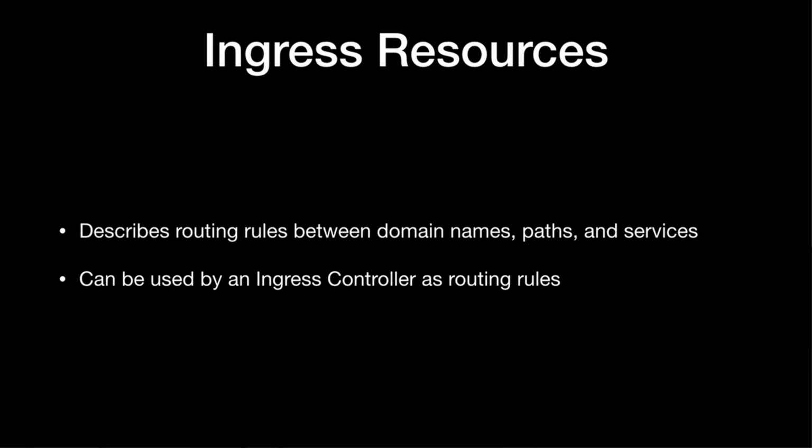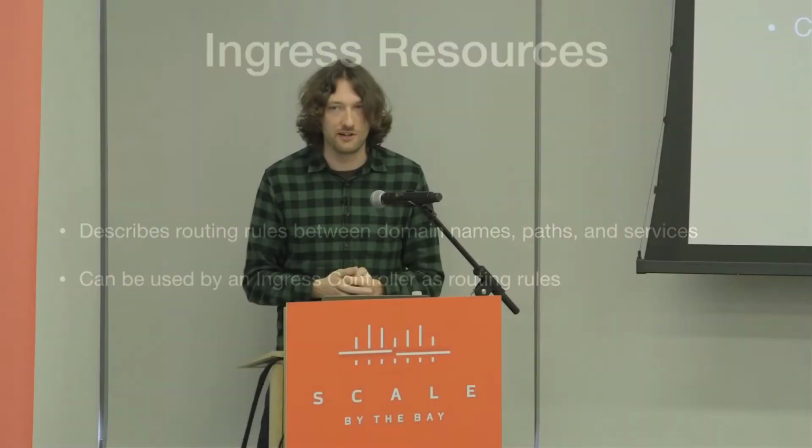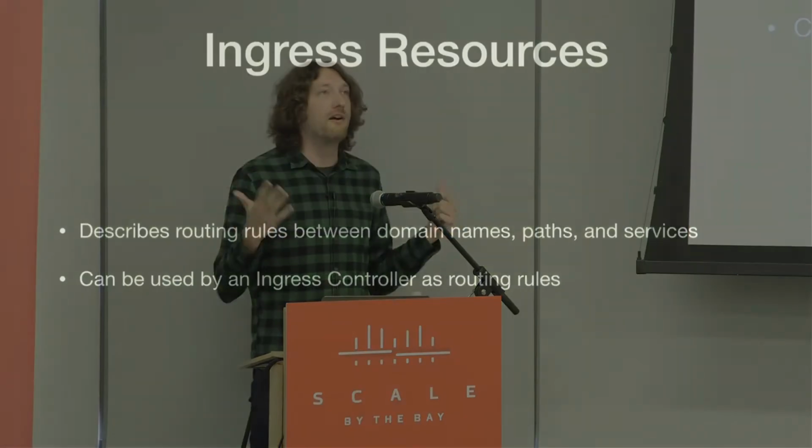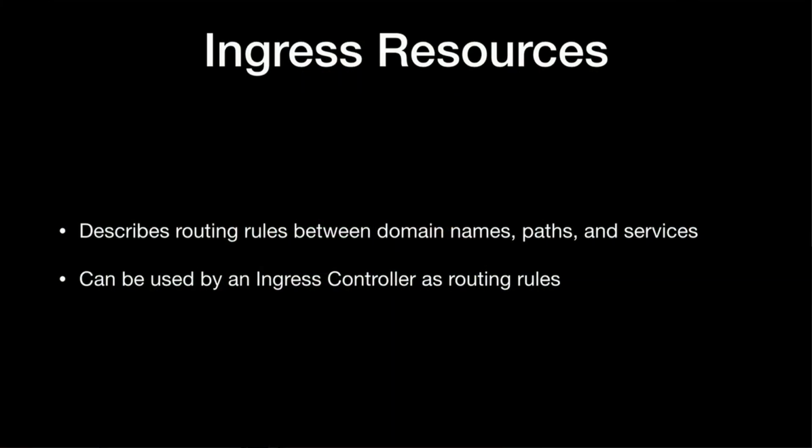So there's this concept called ingress resources, which are simple descriptions of routing rules. There are different types. I'm just going to use path-based routing for my presentation, which basically describes, on path /users, redirect all traffic to your user services, but you can also do some routing over the URL.